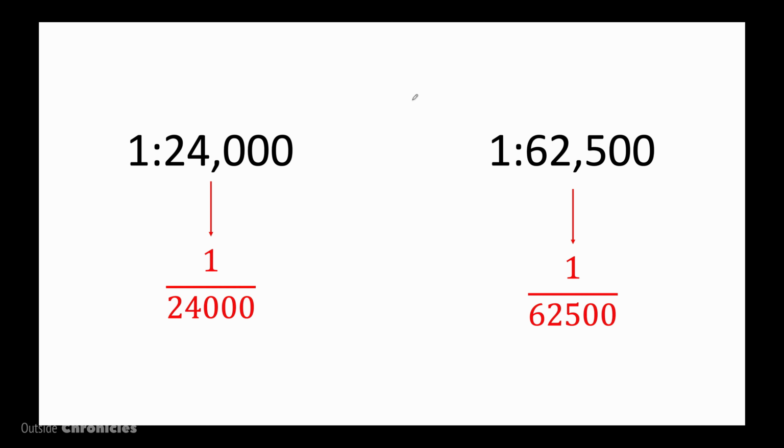If we take a look at two common map scales, 1 to 24,000 and 1 to 62,500, and rewrite these as fractions, we see that it's 1 over 24,000 and 1 over 62,500. And because these are fractions, 1 over 24,000 is actually bigger than 1 over 62,500. So this is called a large map scale compared to a small map scale on this side.